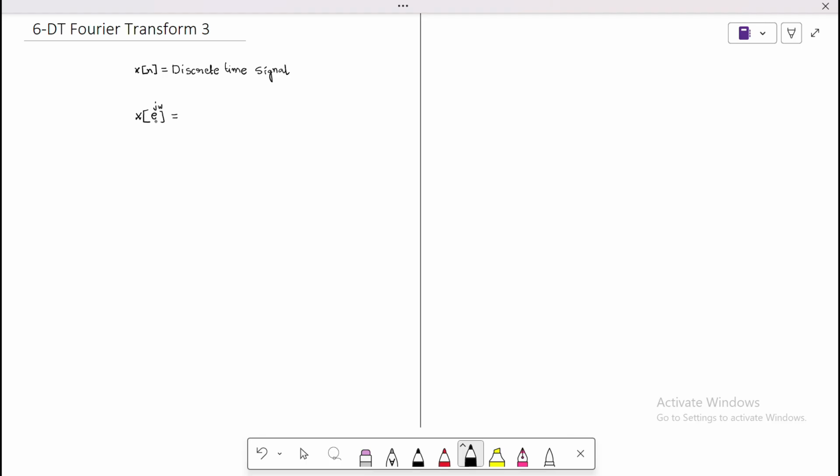So the discrete time Fourier transform is equal to sigma x of n from minus infinity to plus infinity into e power minus j omega n.